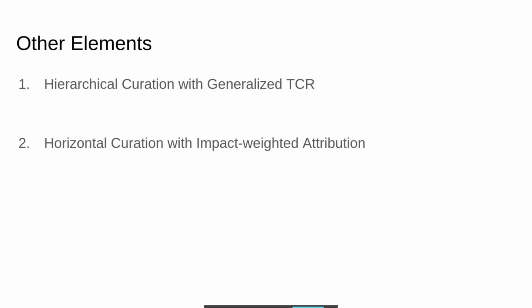There's also what's best described as horizontal curation, which is through what we're calling the impact-weighted attribution protocol. Basically, it creates relationships between digital goods. This is very important because we often get inspired by one creation or by many creations, and then we want to create something new that's a synthesis greater than the sum of its parts.